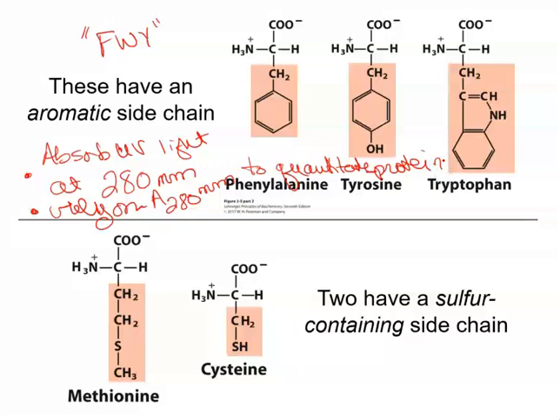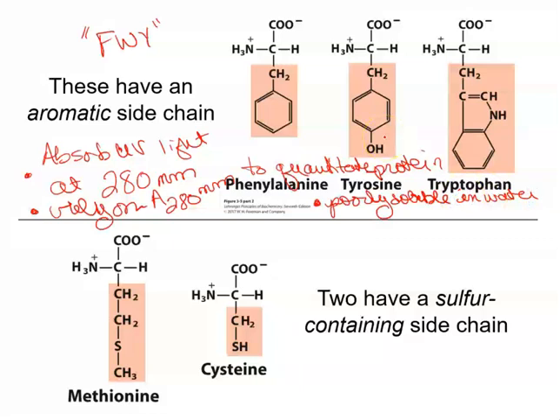The other thing that you should note about these 3 amino acids is that they are poorly soluble in water. So they would tend to be in proteins oriented away from solvent water for the most part.